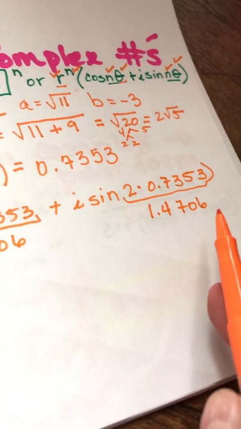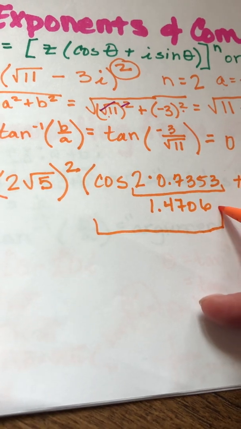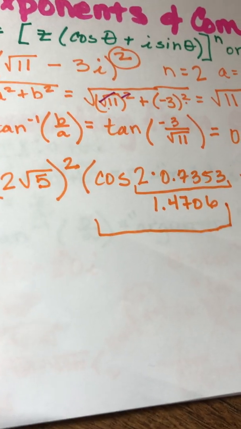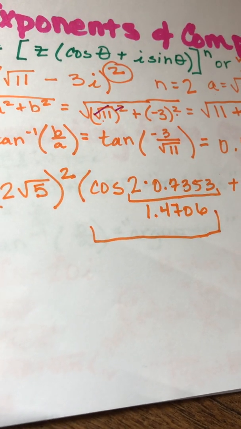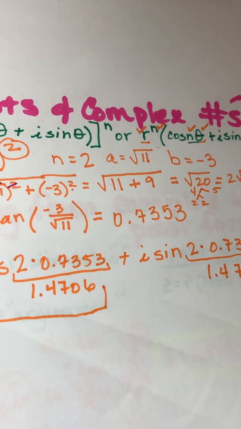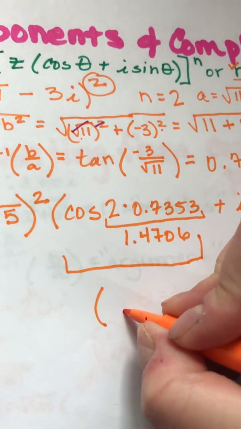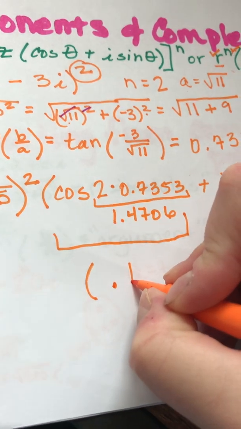for both of those. And then now I'm going to take cosine of 1.4706. So let me type it in. Cosine 1.4706, and you get 0.1.